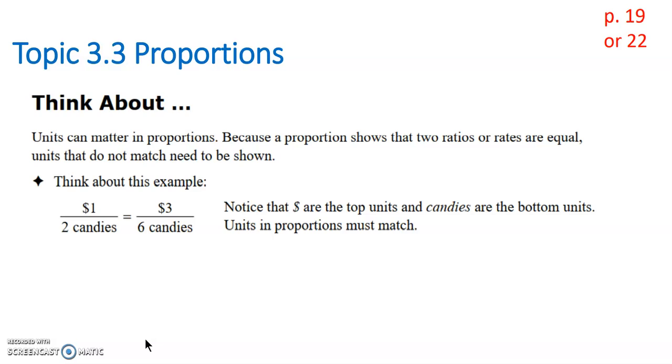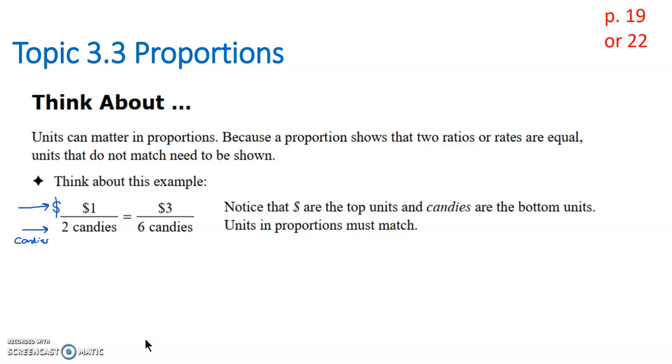So if we look at the first example here, we have $1 over 2 candies, so $1 is to 2 candies, as $3 is to 6 candies. Notice that the top or numerator position, if you will, is all about the money, and the bottom or denominator position is about the candies.